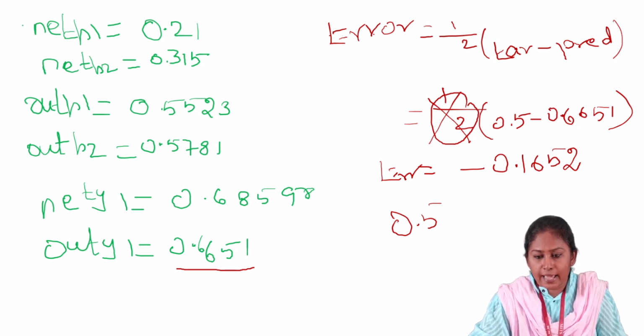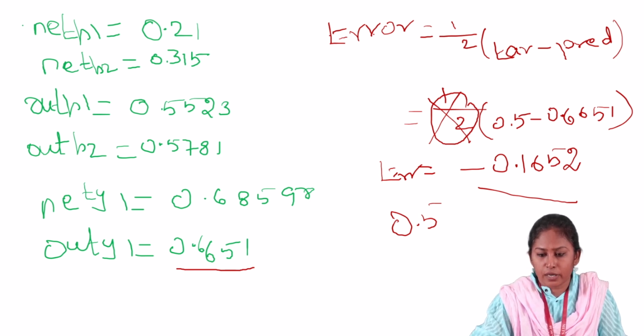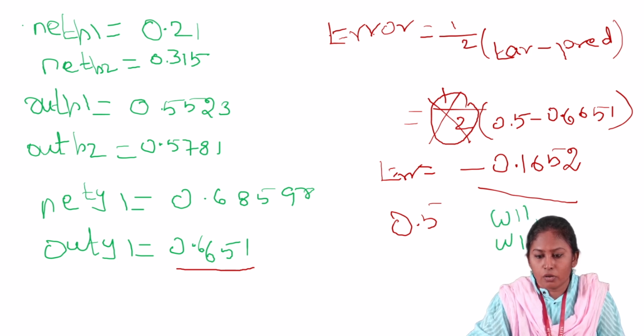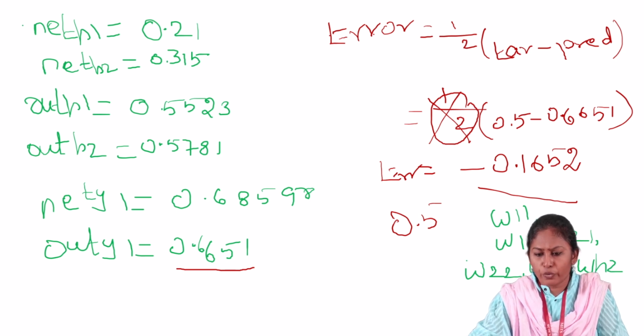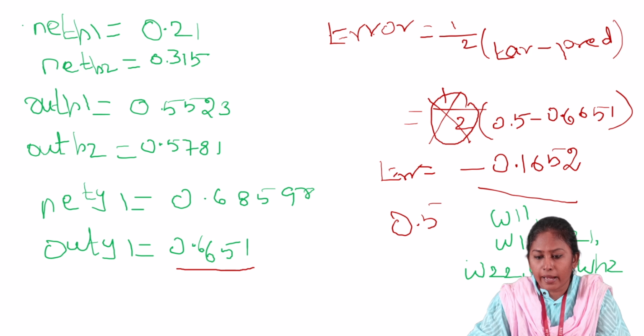Now with this error only, we are going to update the weights by backpropagating. I got how much error it is, but as we have seen in this problem, how many weights were there? W11, W12, W21, W22, WH1, WH2. See, 6 weights are there. Whether this error is caused by only one of these weights, no, we don't know which weight contributes a lot to this particular error.